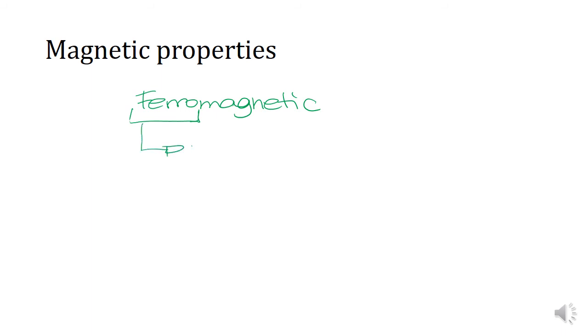As you might work out from the name, this is the type of magnetism that we find in some samples of iron, but also sometimes nickel and cobalt, though not as strongly in those second two.